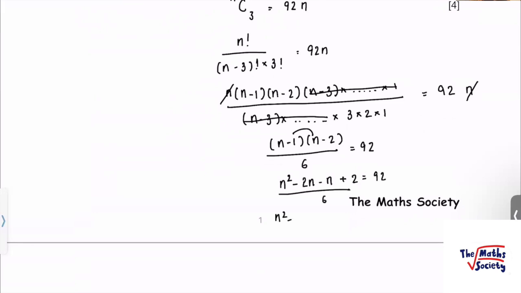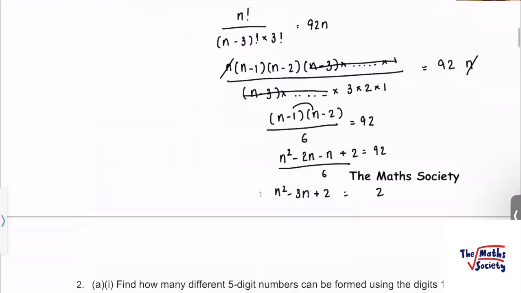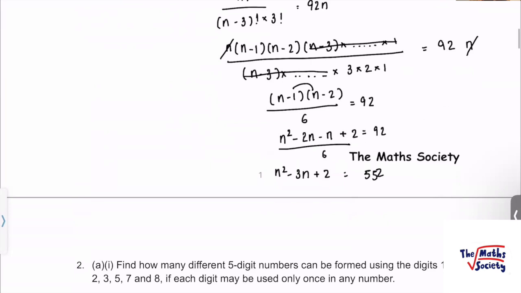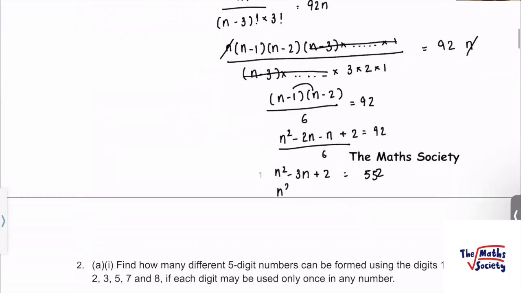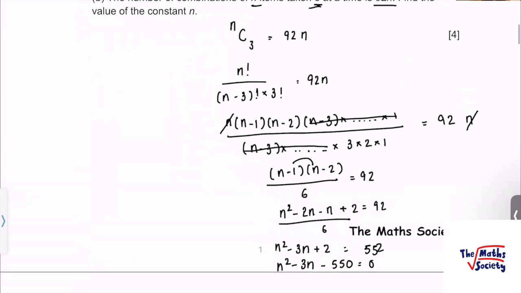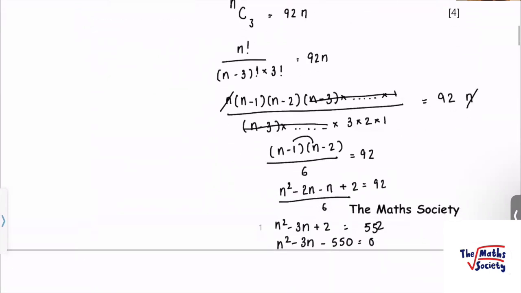So that is n squared minus 3n plus 2 equals 6 multiplied by 92, which is 552. Then if you subtract, n squared minus 3n minus 550 is going to equal 0. And you use the cross method, where you will get n minus 25 and n plus 22, and that's going to equal 0. So n is going to be 25 or n equals minus 22. But because it's negative and we cannot have n as negative, we need to reject this.